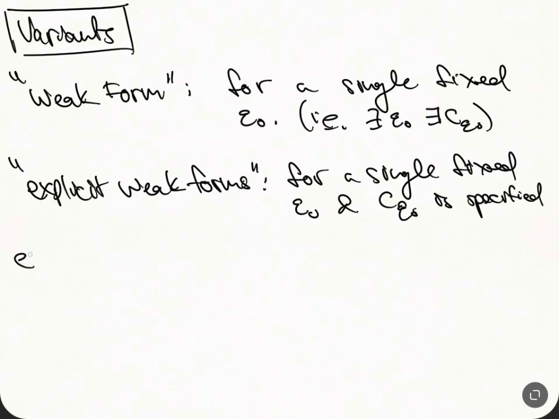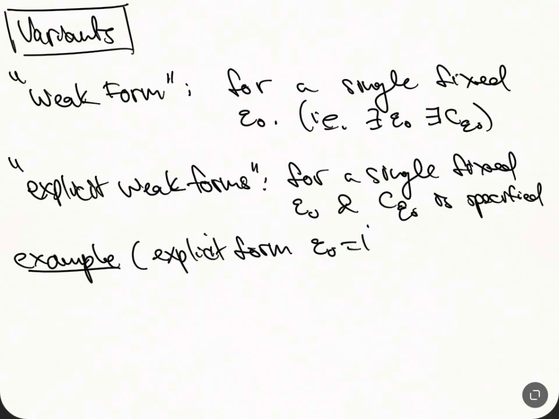Let me give you an example. So this is the explicit form when epsilon naught is equal to 1. Here the constant says that C epsilon naught is going to be 1.